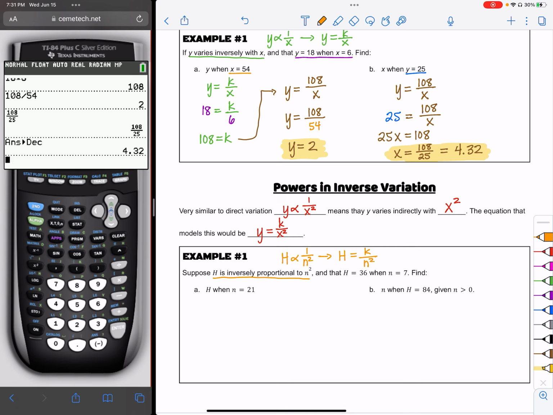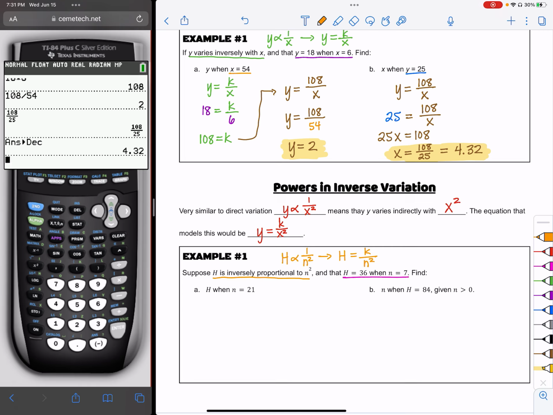Because I have this equation, I want to use it to find what k is. They gave us some information here. They have already told us that h is equal to 36 when n is equal to 7. So I'm going to find what k is by using this information.